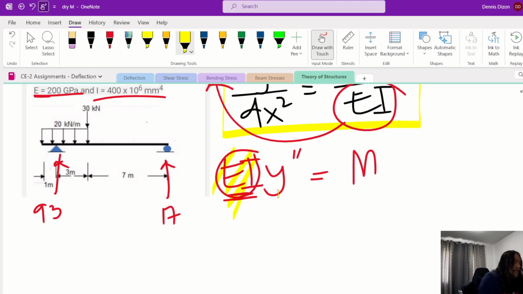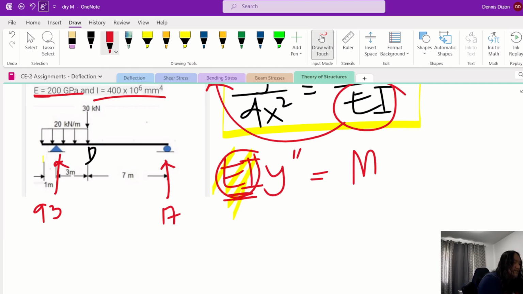You can do it by segment, like from point C to A, and then C to D, that's fine. But if you want the general equation of the entire beam, considering the entire load, you have to cut a section that would include all of the load.